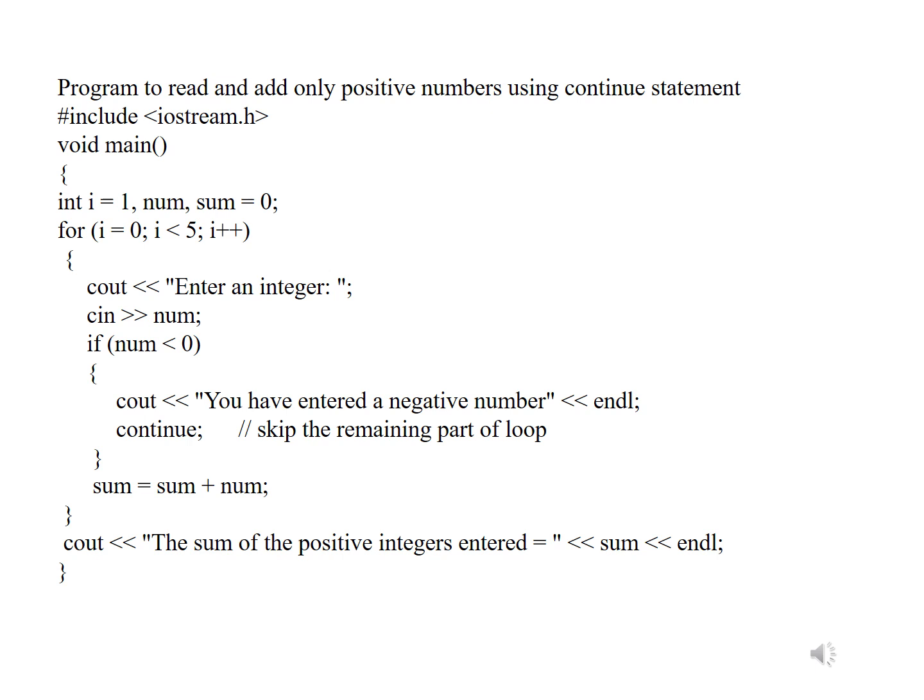Among the five inputs, whatever number is greater than 0 is considered a positive number. Those numbers will be added with sum equal to sum plus num. And after coming out of the for loop, cout the number of positive integers entered, sum.